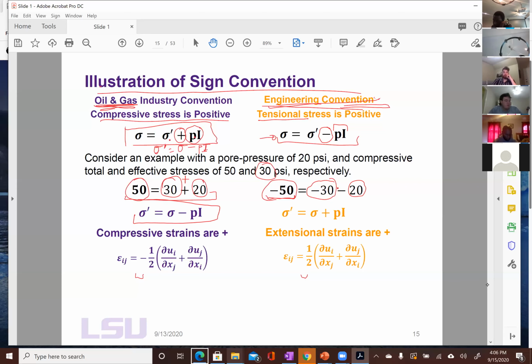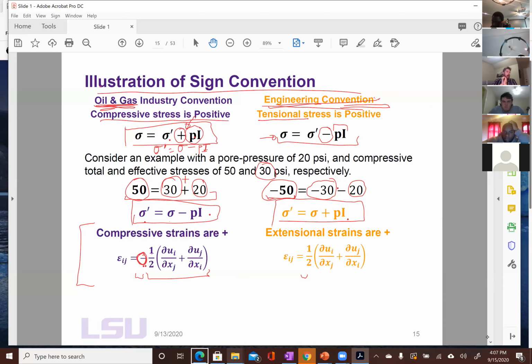And this will be the effective stress, making effective stress the subject of the equation here. Effective stress is actually the sum of the total stress and the pore pressure. And this is the other part that some forget, and they implement it in one way and the code doesn't work. And it's the sign. When you're in the oil and gas convention, when you have done sigma prime as sigma minus pore pressure, you have to put a minus in front of your equation for strain. But here you don't.